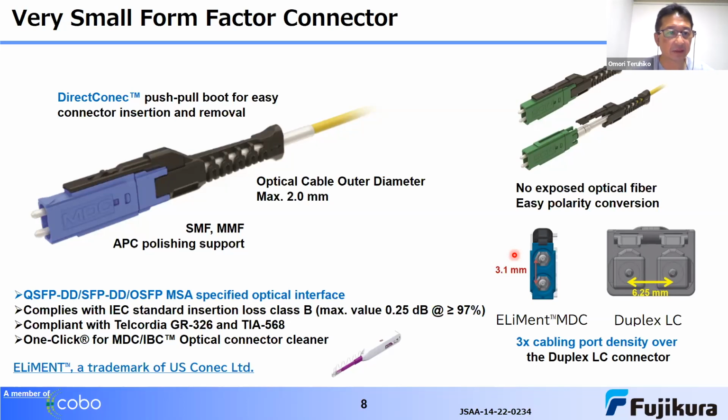MDC connector. This is a MDC connector, and this connector has a direct connectable boot for easy connector insertion and removal. And the ferrule has APC polishing support for single mode and multi-mode fiber for the better return loss.